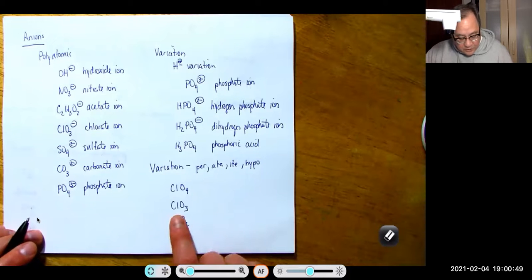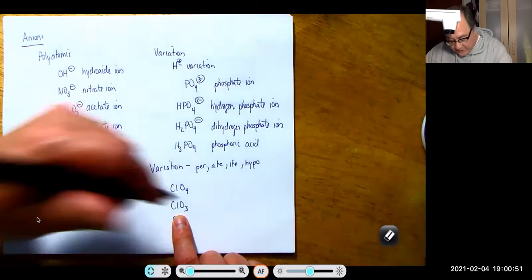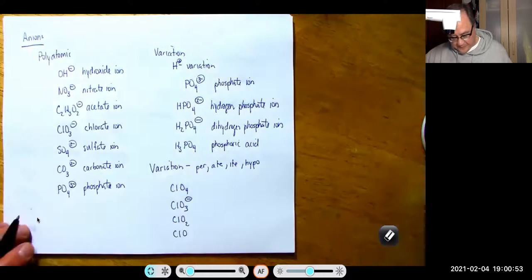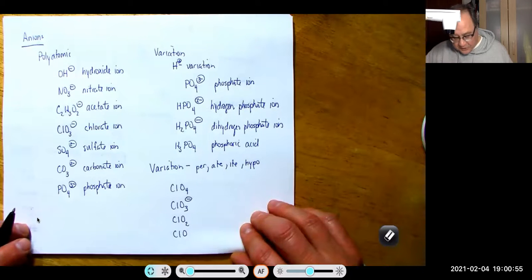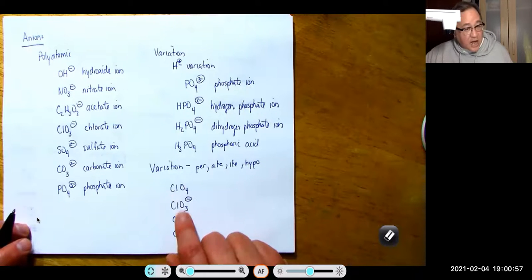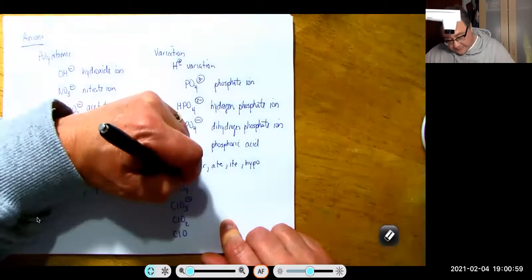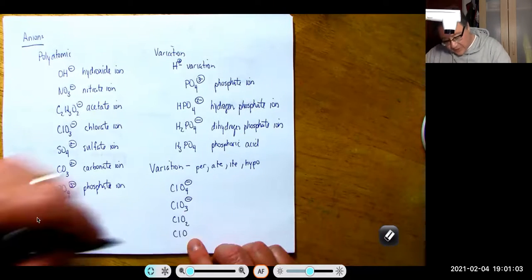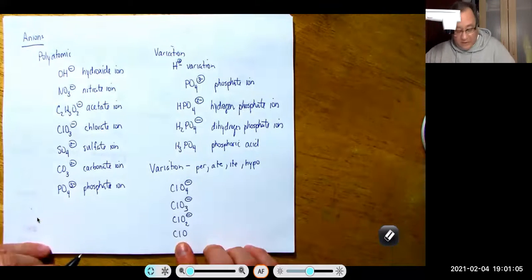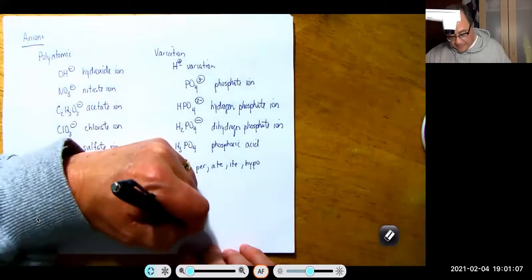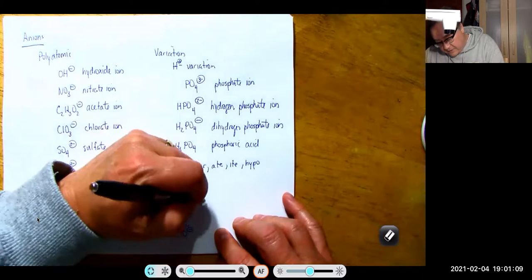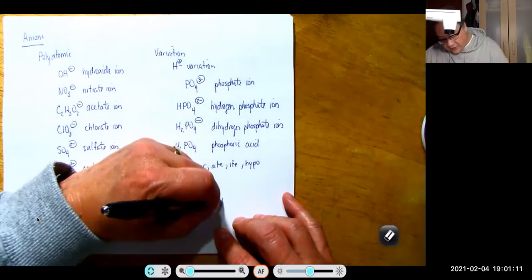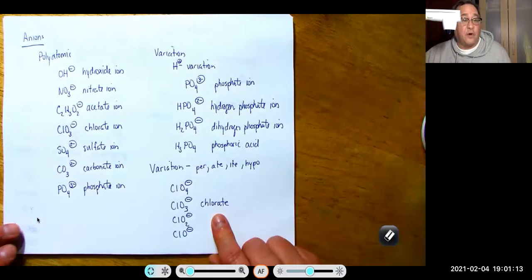The one ion we should know is the chlorate, and that's a -1. What is the charge on this guy with an additional oxygen? It turns out it's -1. How about this guy with one less oxygen? It's a -1. How about this one with even one less oxygen? -1. So this is the only one that we've talked about before, chlorate.